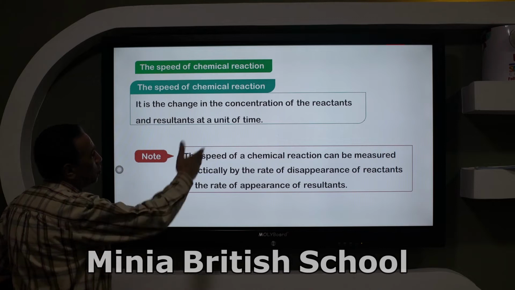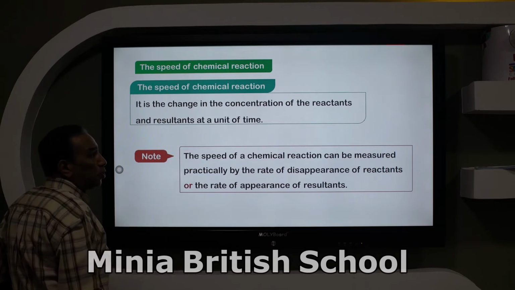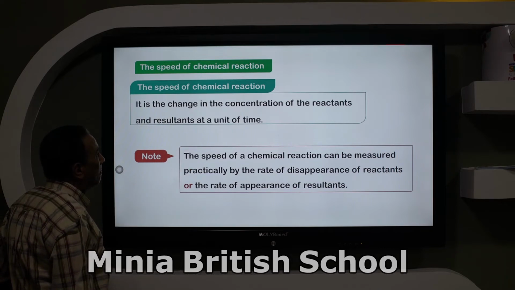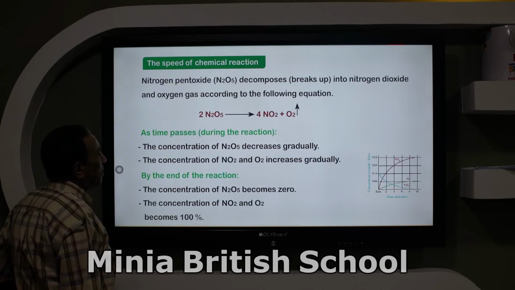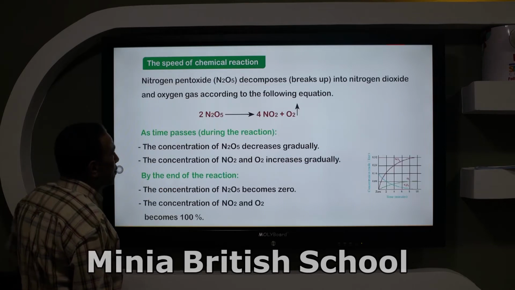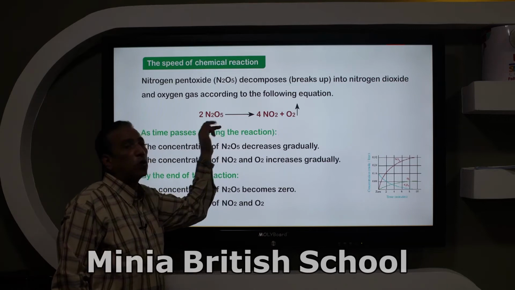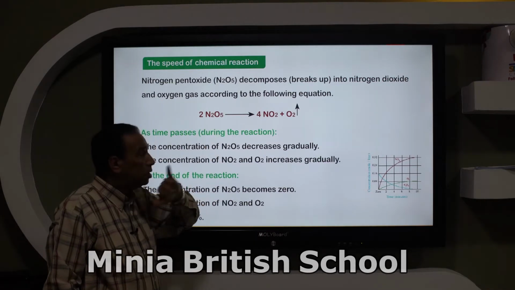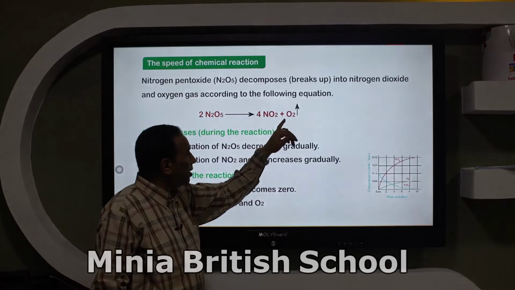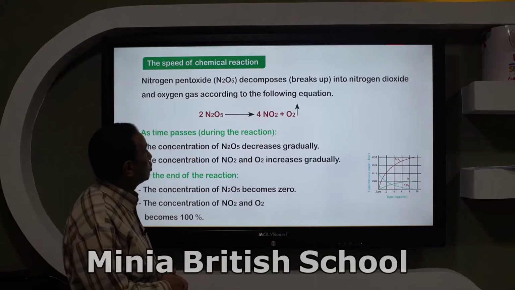This is the meaning of speed of chemical reaction. Changing the nitrogen pentaoxide into nitrogen dioxide and oxygen.